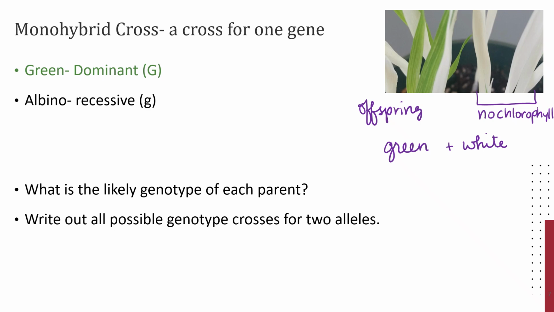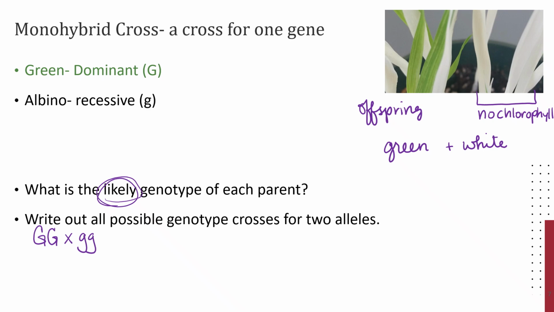The question asks you to write out all possible genotype crosses for the two alleles. So for example, one possible cross for the parents could be big G, little g crossed with little g, little g. So you have to think about all of the potential genotypes for the parents, and then you have to pick out the most likely one.